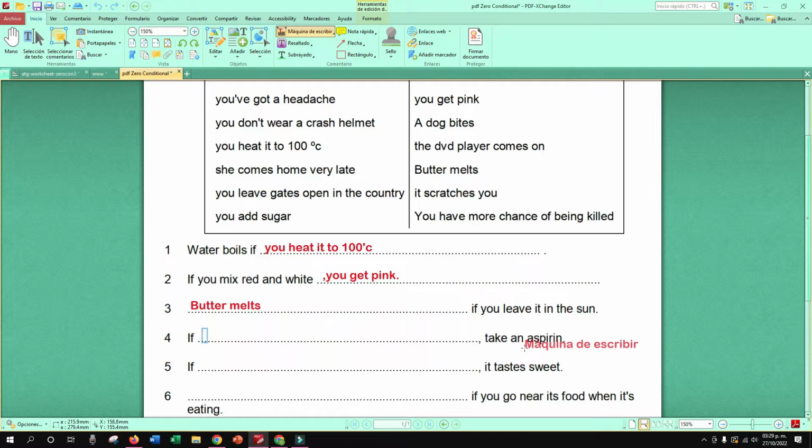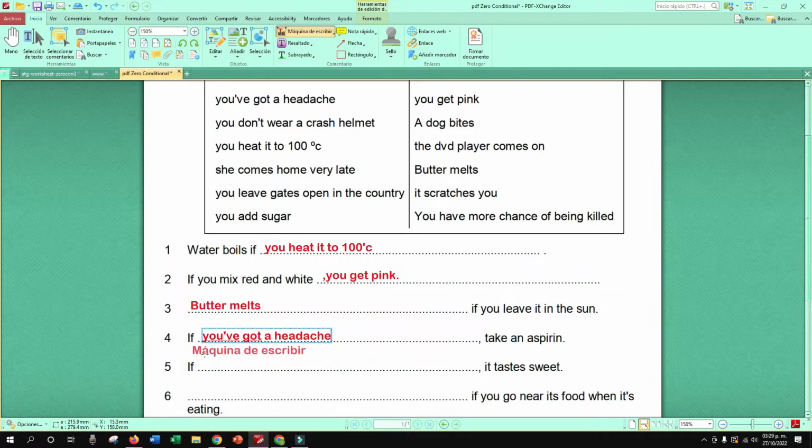You got a headache. You've got it. I guess this is not zero conditional, but I don't know why it is here, because here we have present perfect. But okay, we're going to take it into consideration.